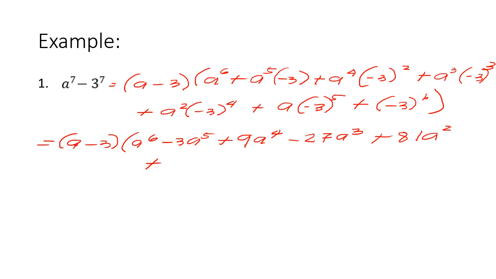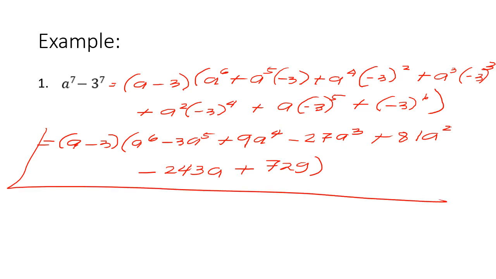Plus negative 3 raised to 5, that's 243. Since the exponent is 5, which is odd, the sign is negative, so minus 243a, then plus 3 raised to 6, that's 729. So, this is now our final answer.